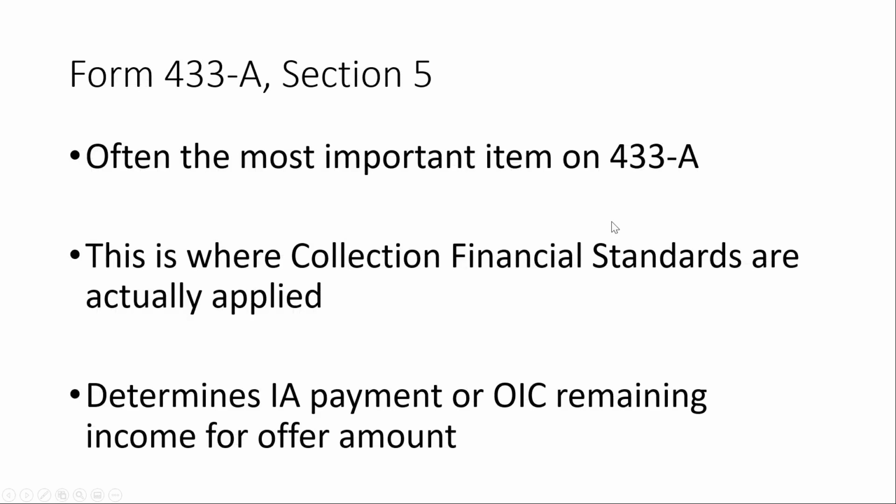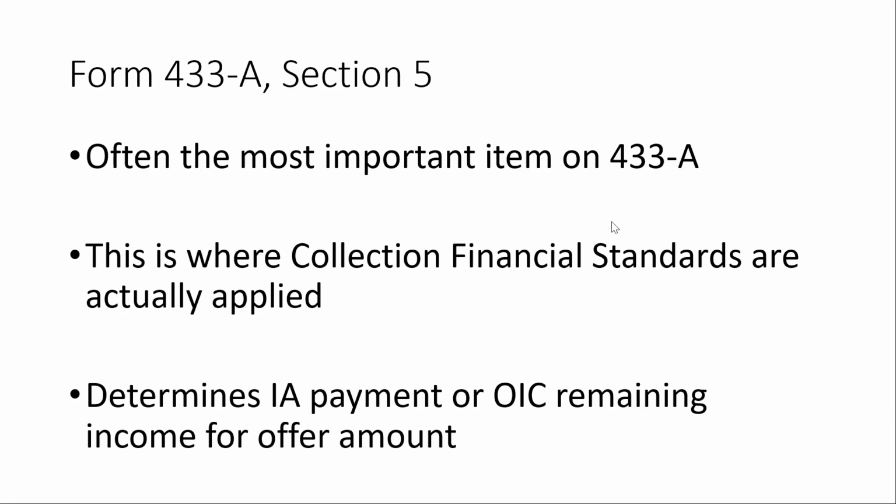That's funny. All right. Let us now look at the single most important section of the entire 433A. This is where the collection financial standards are actually applied. This is also where we get down to the brass tacks. The reason Section 5, the income and expense table, is so important is this is what determines whether or not your client is eligible for non-collectible status.